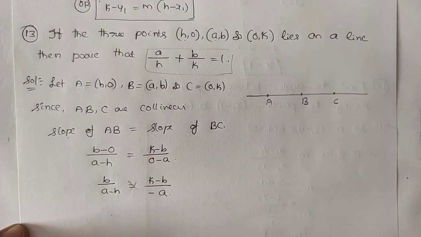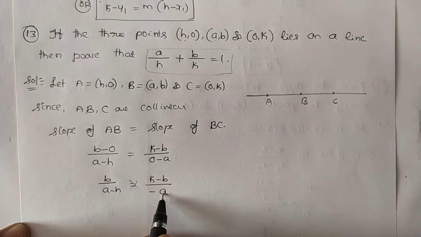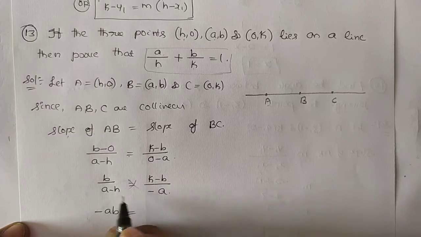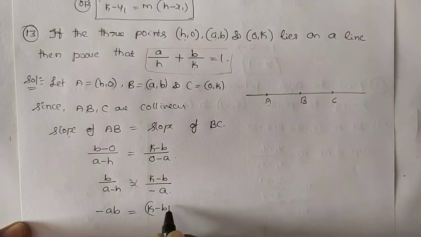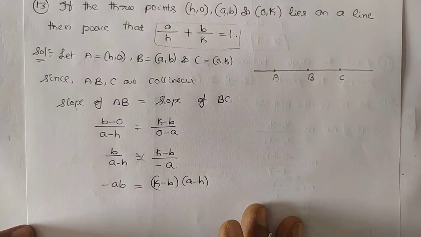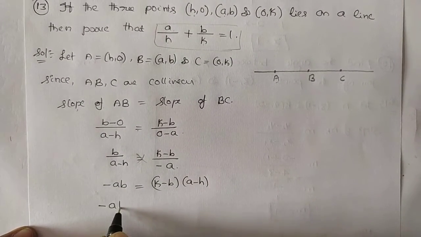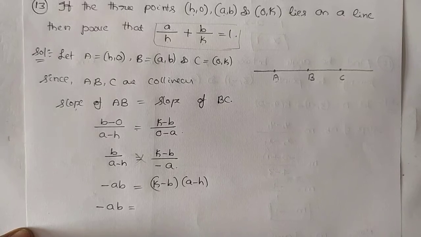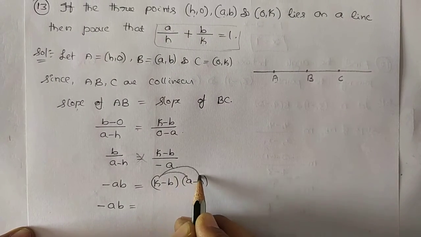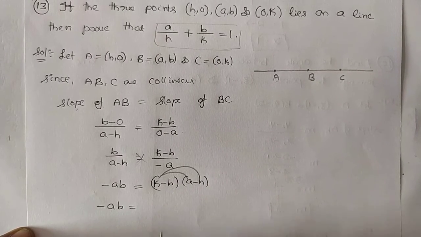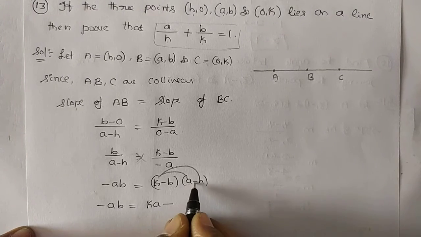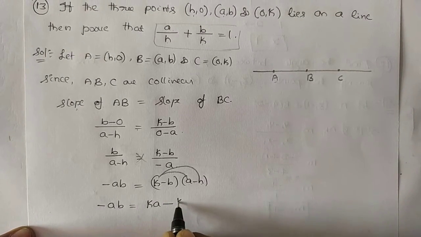Cross multiplying: ab into minus a is minus ab equals k minus b into a minus h. Now apply the product: k into a is ka, k into h is kh with a minus sign.